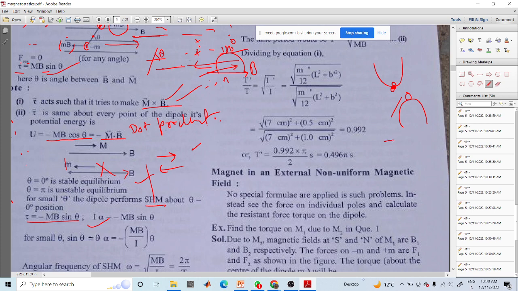So torque is I alpha, and the other is r cross F, sorry. There are two formulas of torque. That is r cross F, and the other is I alpha.